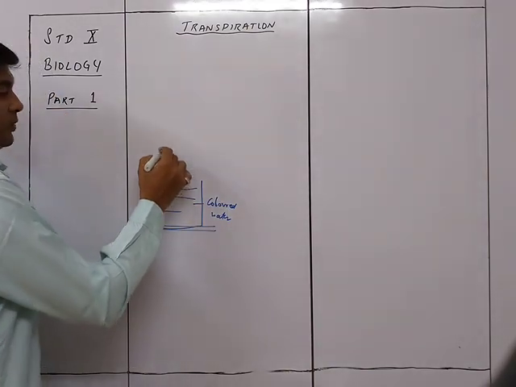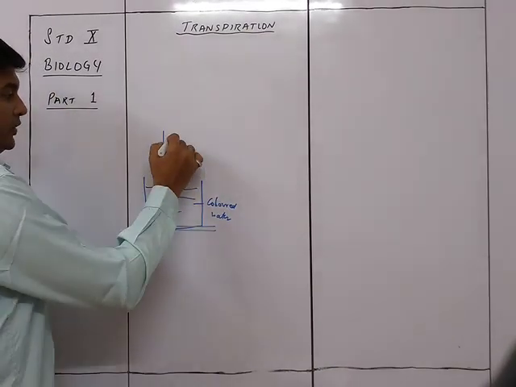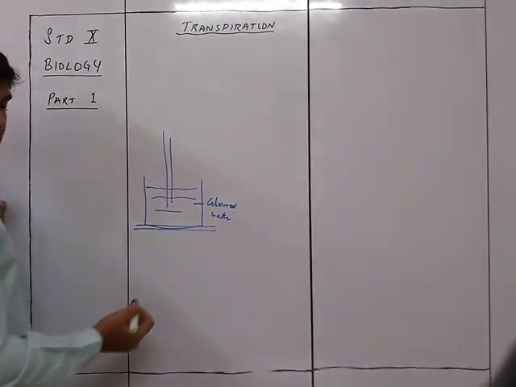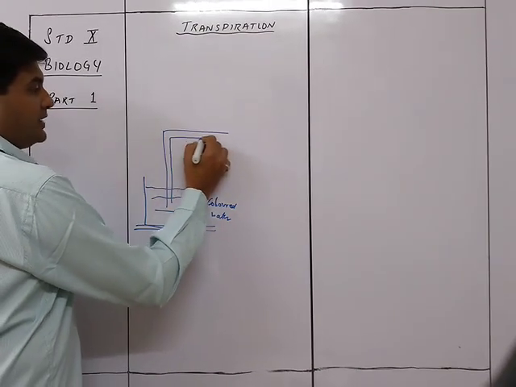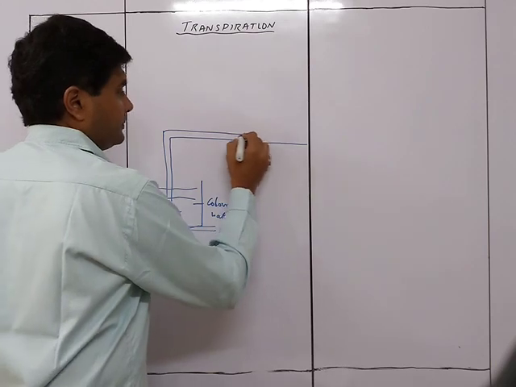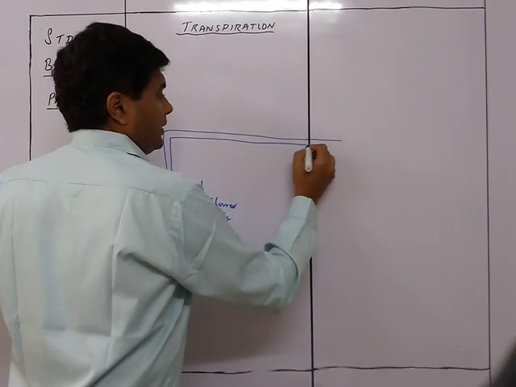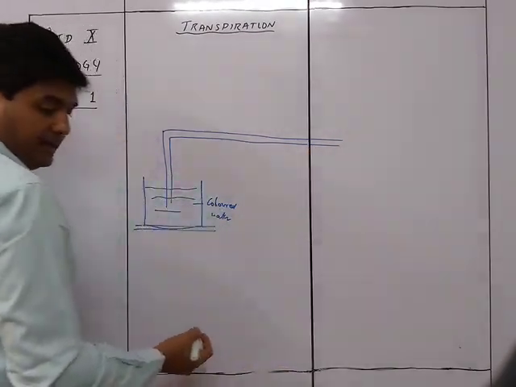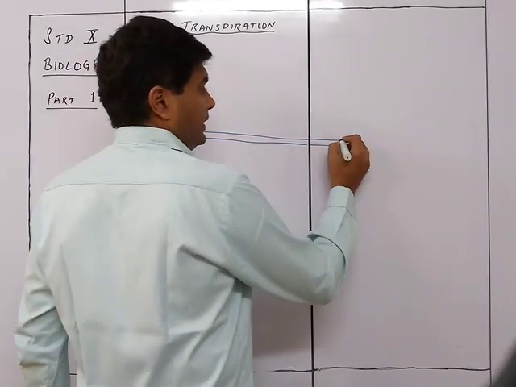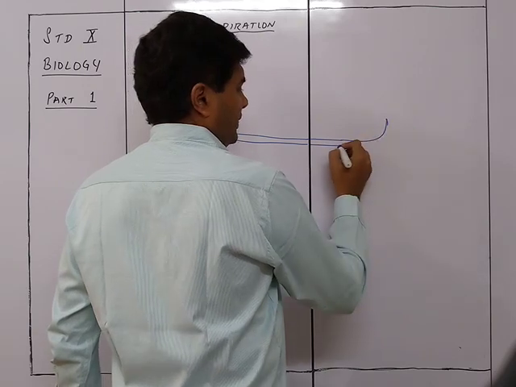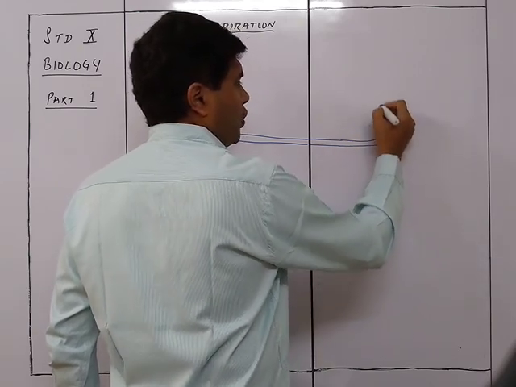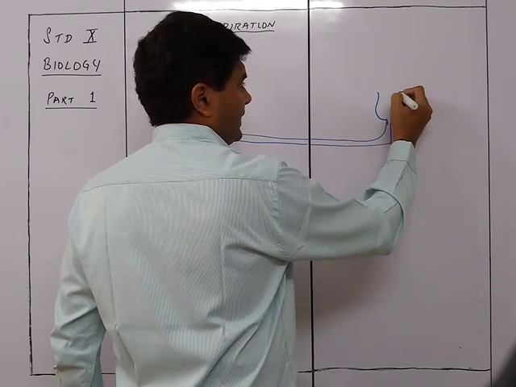And in this colored water, there is one delivery tube connected to this particular place. This delivery tube passes completely straight like this, and then ends in a kind of opening, not exactly a funnel, but a bigger opening like this.